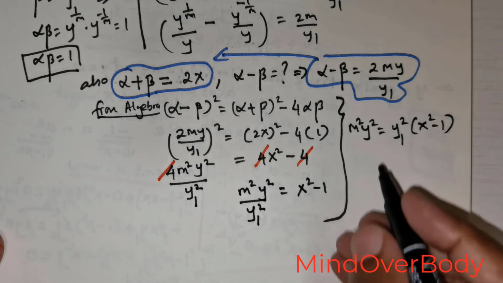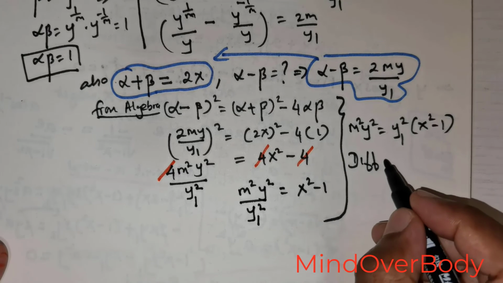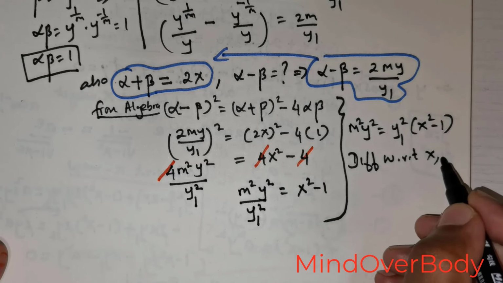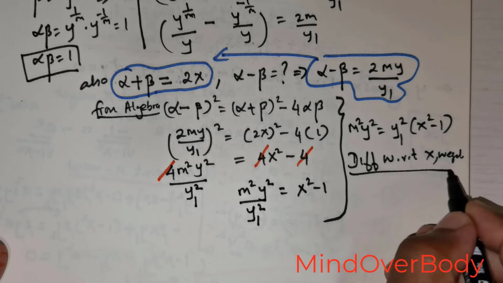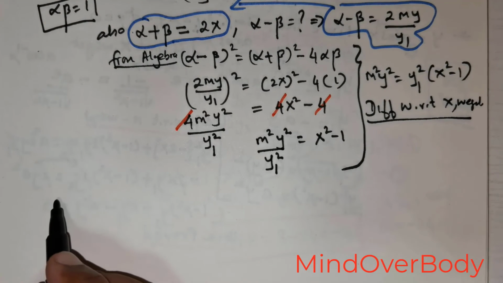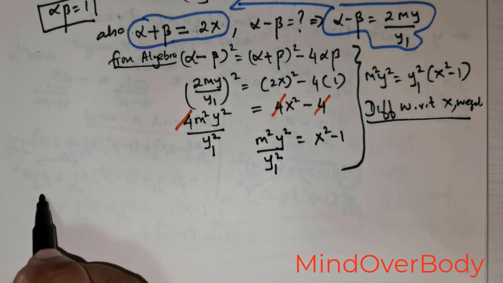Now from here I can differentiate this a second time. So differentiating this with respect to x, we get, let me use this space here, this is a little bit larger in size. So m squared y squared. m squared is a constant.